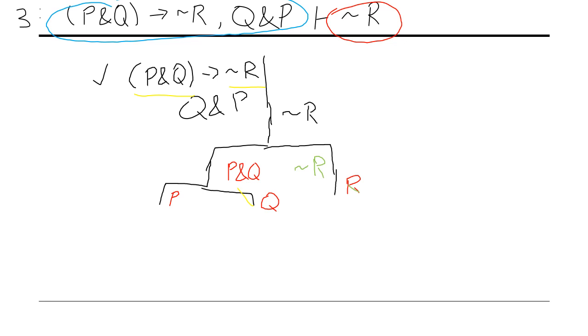Now let's look at this one. What makes an ampersand true, and we got to do it on each of our branches, is if both of them are true.